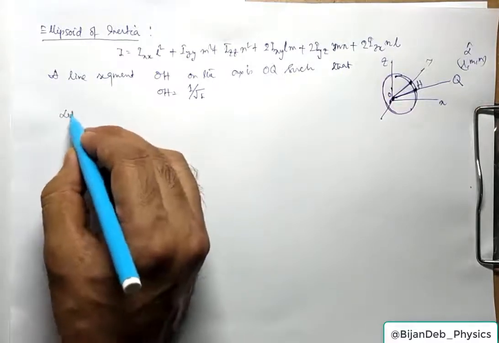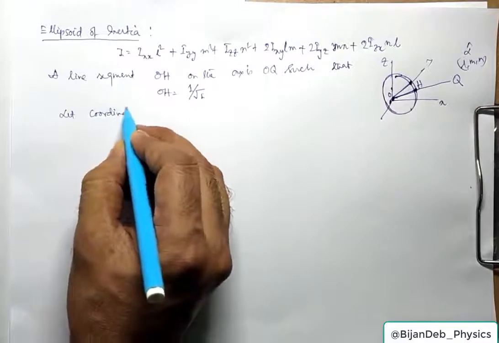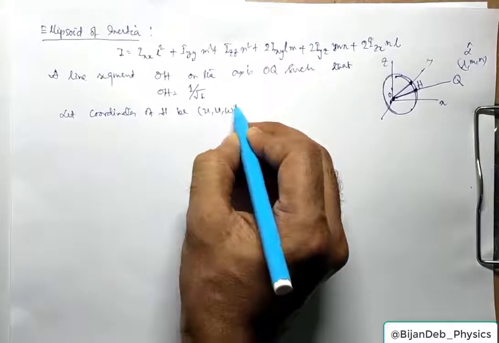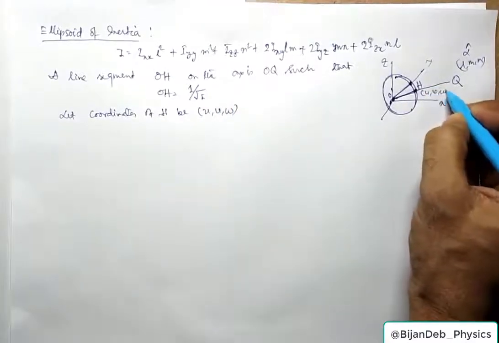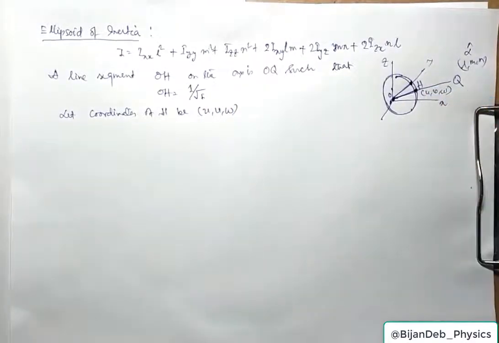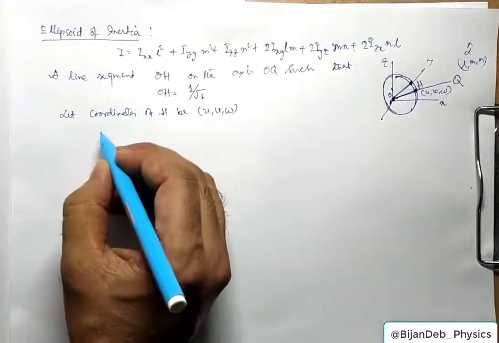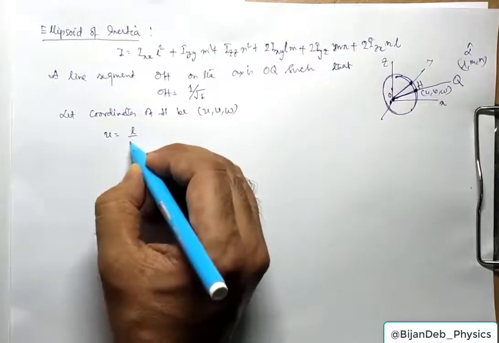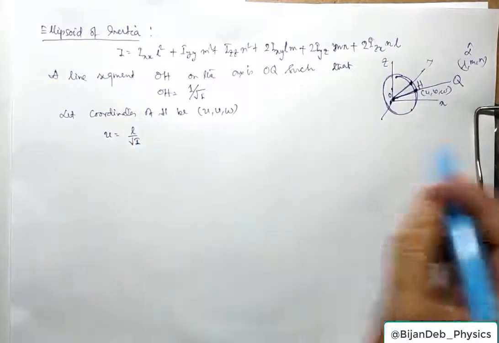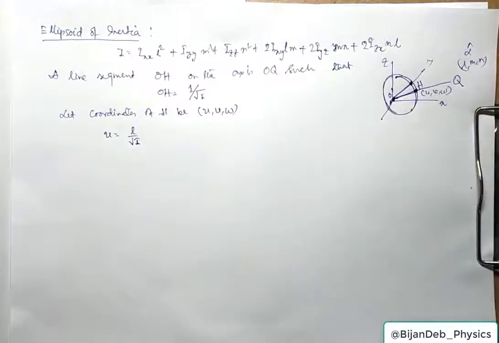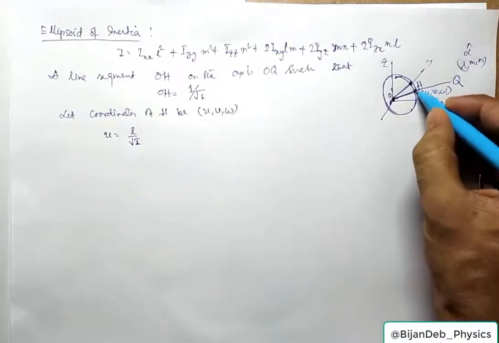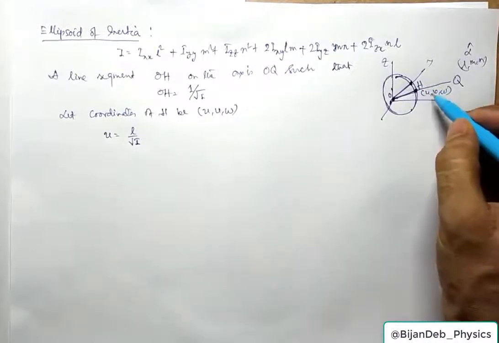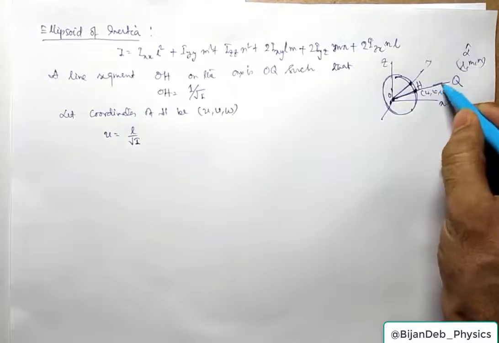Then let the coordinates of H be U, V and W. How will I write U? l by root I. Why? OH has a fixed magnitude, and U is the x component of it. Again this direction has l, m, n.